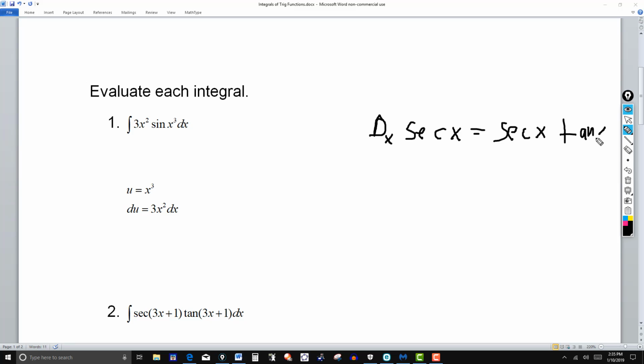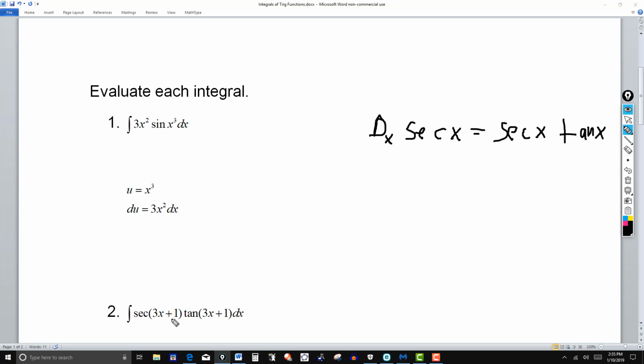So the derivative of secant x is secant x tangent x. Of course, the antiderivative of secant x tangent x is secant x. Okay, so you can see this is very similar here, except instead of an x, it's got 3x plus 1.